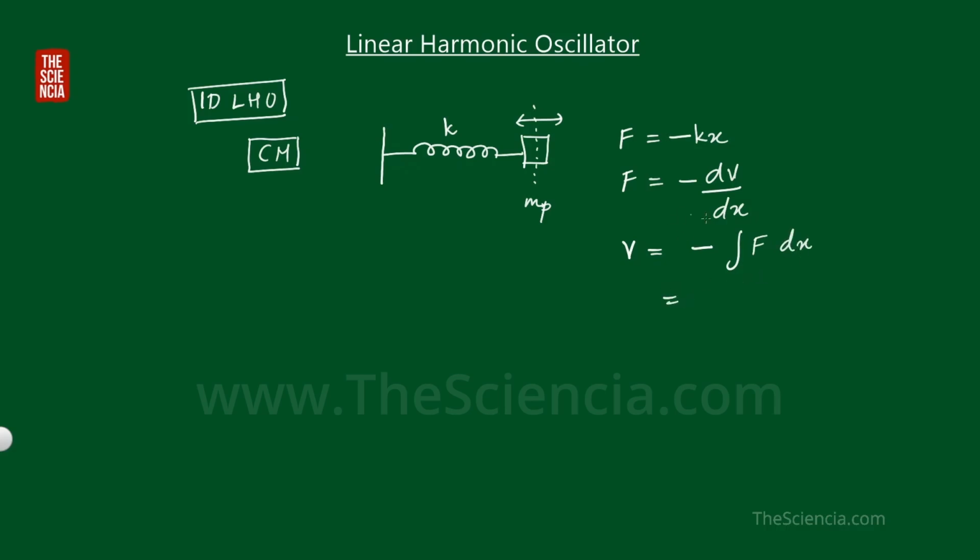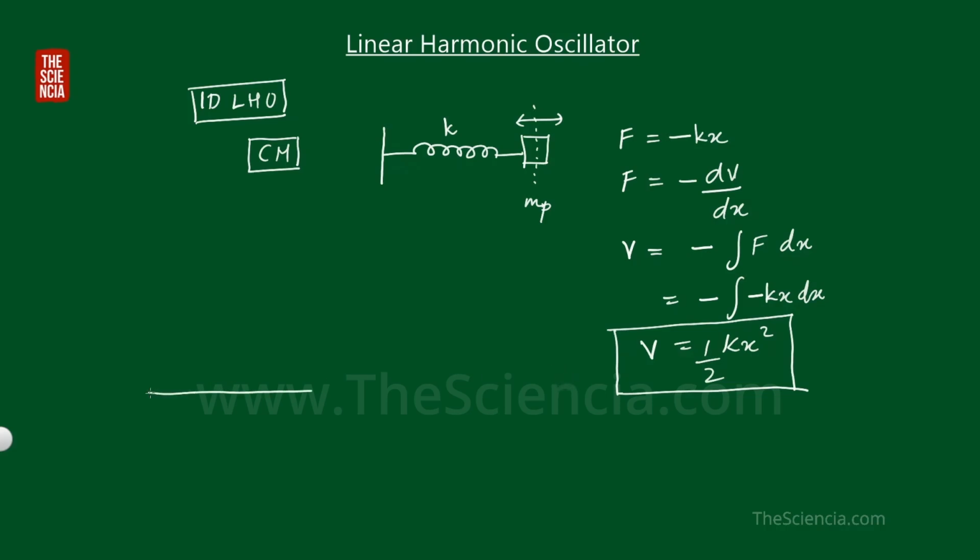I can substitute the value of F: V is equal to minus integral of minus kx dx, that is V equal to kx square by 2, that is 1 by 2 kx square. So this is the potential of a 1D harmonic oscillator. V is equal to half kx square.